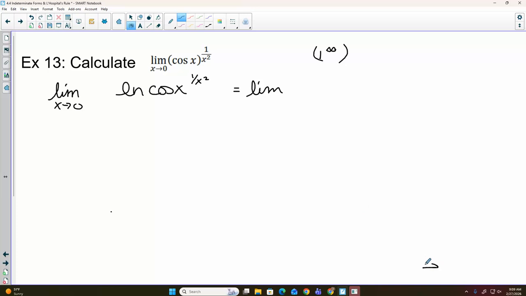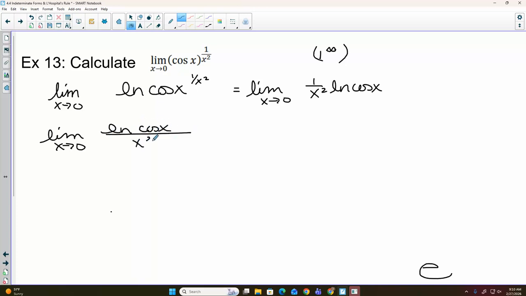Adding my natural log tells me my answer will have an e. Exponents come down. And this one's really easy to write as a fraction. Just the natural log of cosine x over x squared.